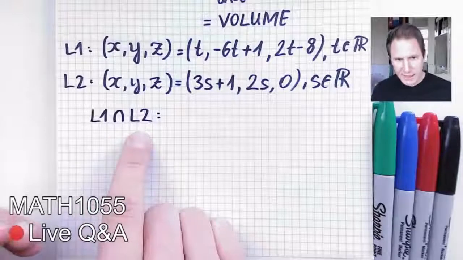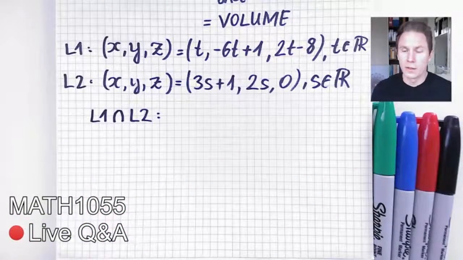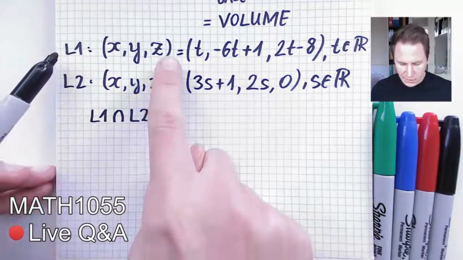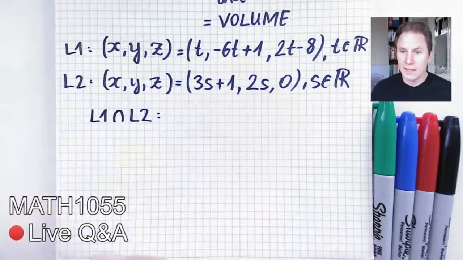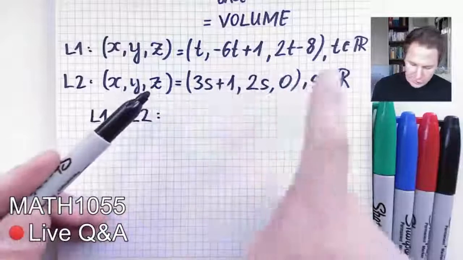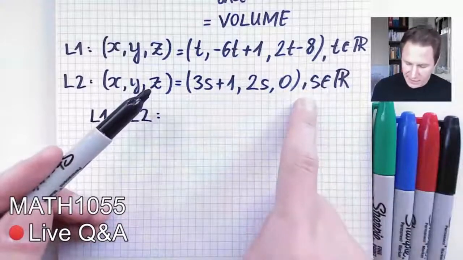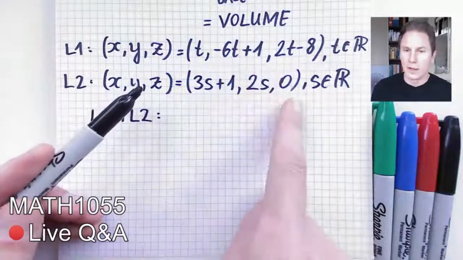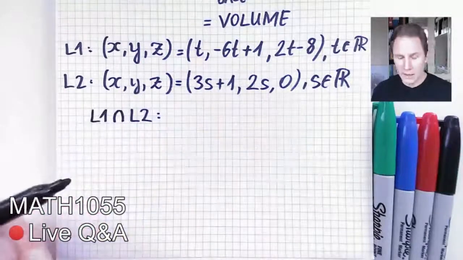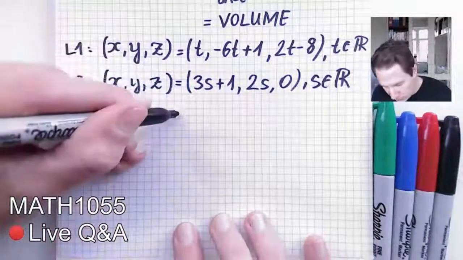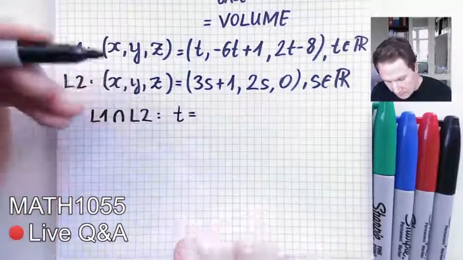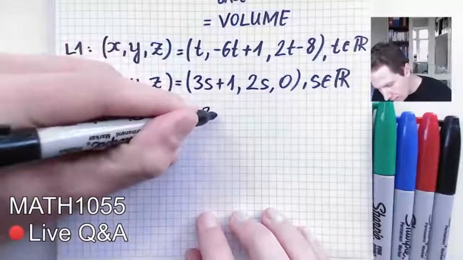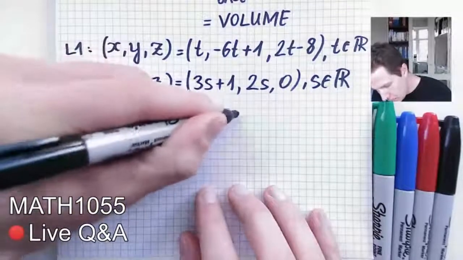And if you are looking for the intersection, what you are really looking for is a point which sits on L1 and L2 at the same time. So you are looking for certain special values for t and s which would give you the same triple of coordinates, right? So what you are really looking for is t and s such that each coordinate matches.